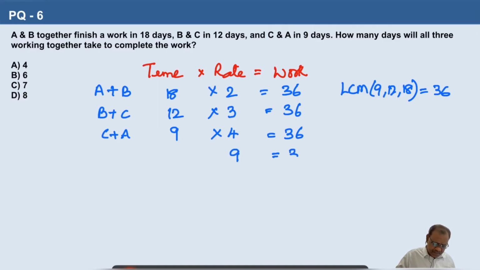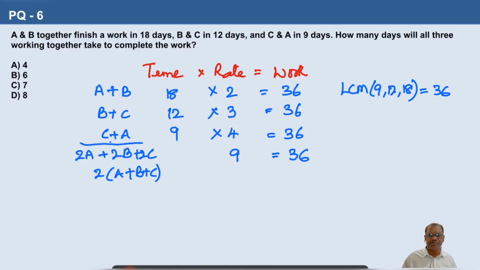Again total work is same here, but 9 units is not the combined rate of A, B and C. So if you add all these three, A plus A is 2A, B plus B is 2B, C plus C is 2C. So if you take 2 common, A plus B plus C. So 9 units is 2 times of the work done by A, B, C together.